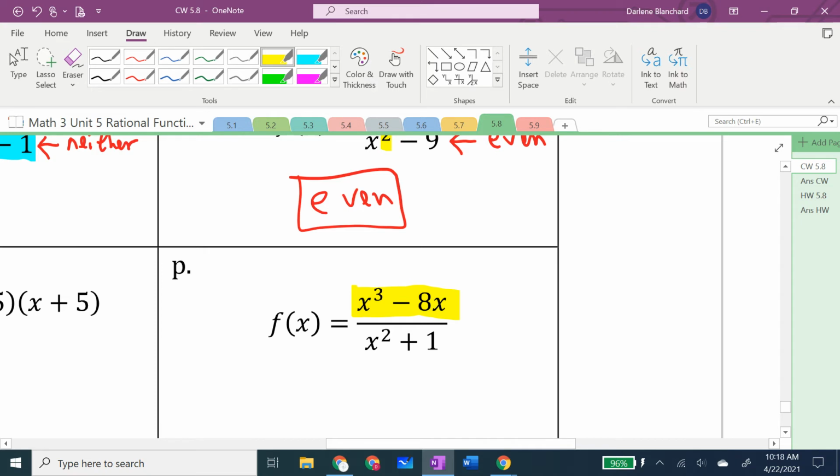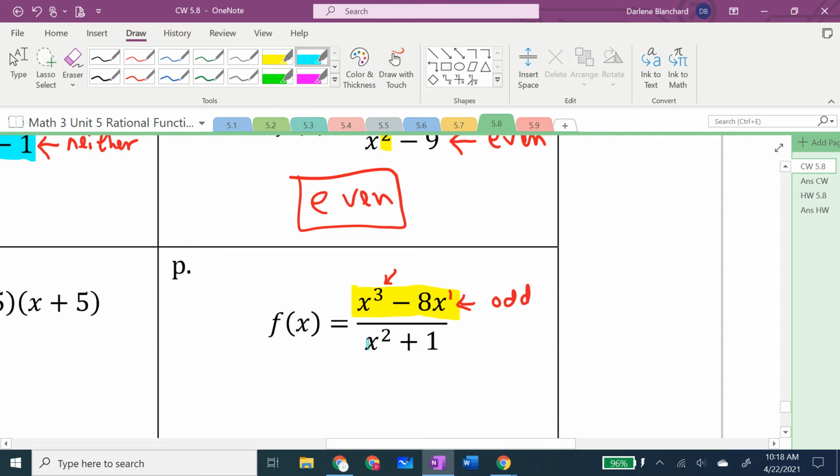What do you think? That numerator polynomial, even, odd, or neither? It's odd. I have an exponent 3 and an understood exponent 1. Those are both odd exponents. I have no constant added with my numerator. It is odd.